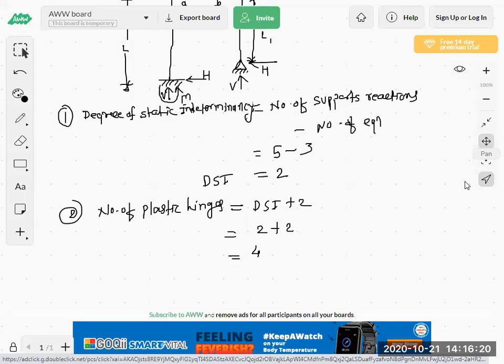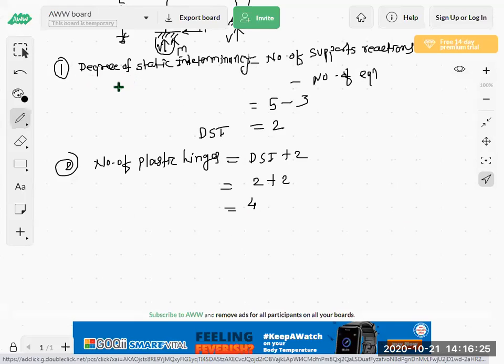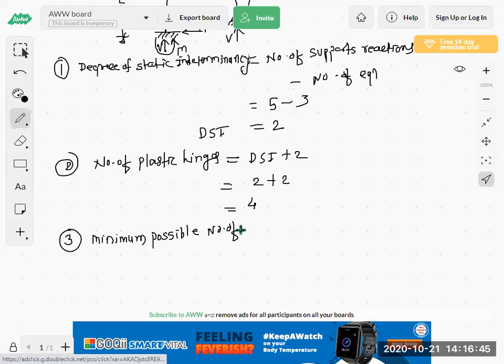Okay, so now number 3. In number 1 we calculated the degree of static indeterminacy. In number 2 we calculated the number of plastic hinges, and now we have to calculate the minimum possible number of mechanisms.